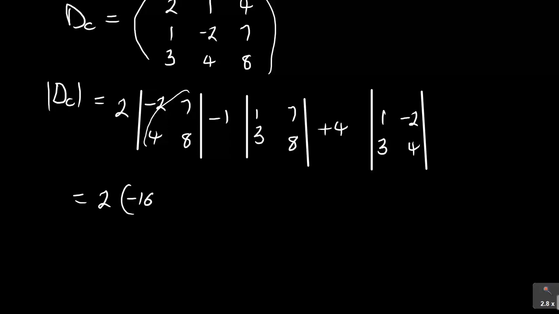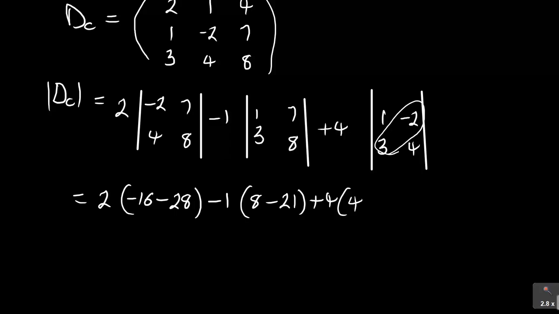Then you're subtracting the product of those again, which is minus 4 times 7 is 28. And then we've got minus 1. You do the same thing. You multiply 1 times 8. It is 8 minus, you multiply 3 times 7, which is 21, plus 4. Again, you multiply 1 times 4, which is 4, and you subtract the product of minus 3 times negative 2, which is negative 6.